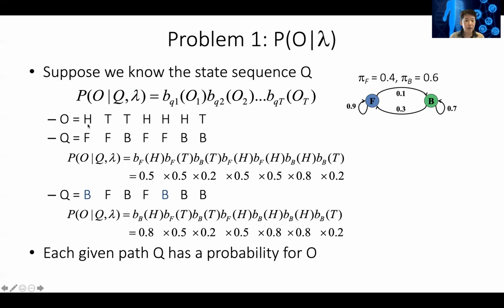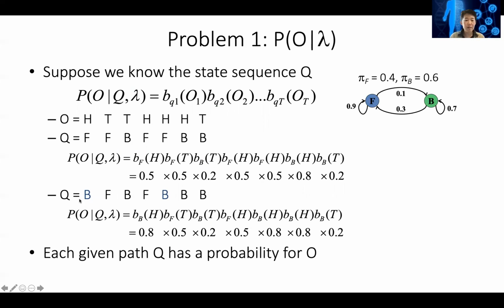From a fair coin to get a head is 50%. A fair coin to a tail is 50%. A bias coin to get a tail is 20%. And a bias coin to get a head is 80%, right?